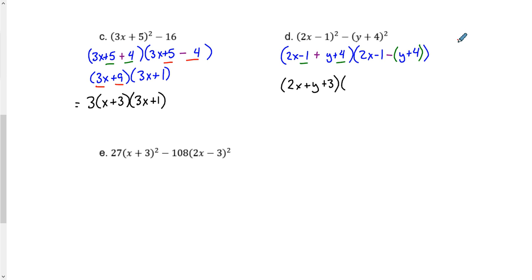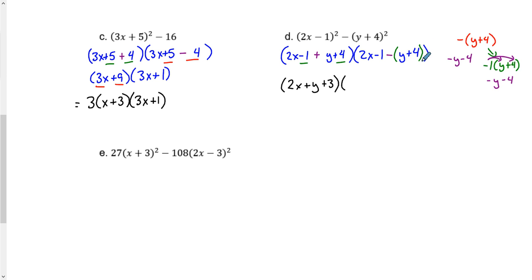Either we can treat this subtracting a y plus 4 as literally subtracting y and subtracting a positive 4, or we can also treat it as a negative 1 in front of a y plus 4, which sometimes can make things a little bit easier because then we can distribute a negative 1 inside and we still get a negative y subtracting 4.